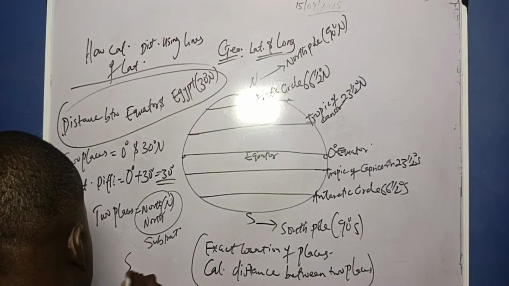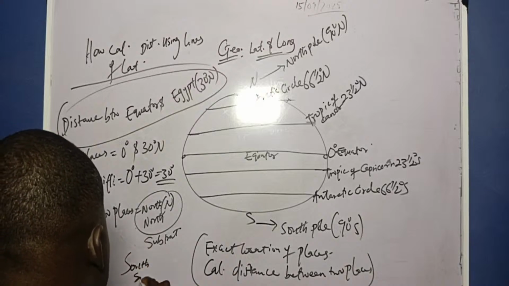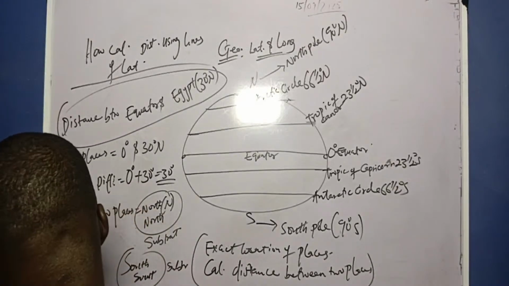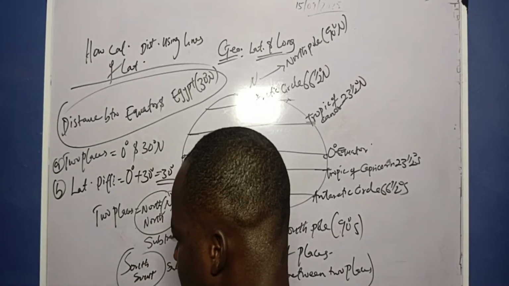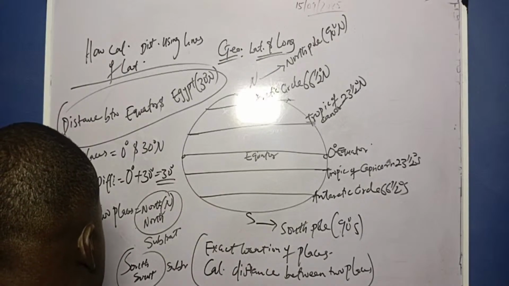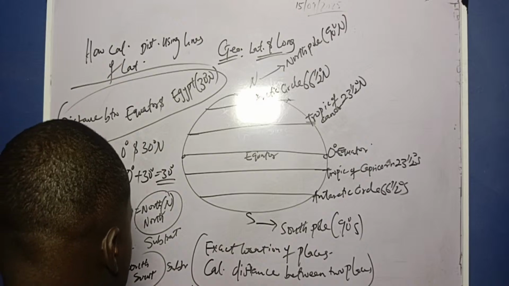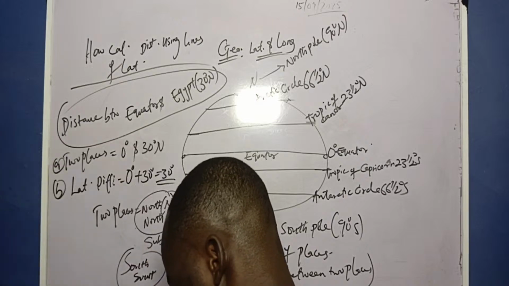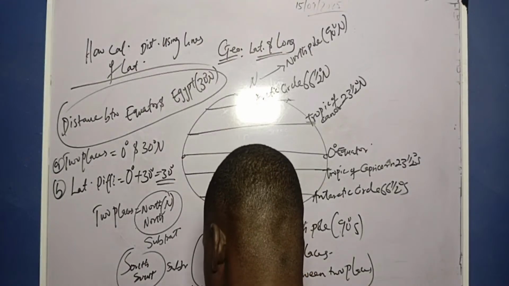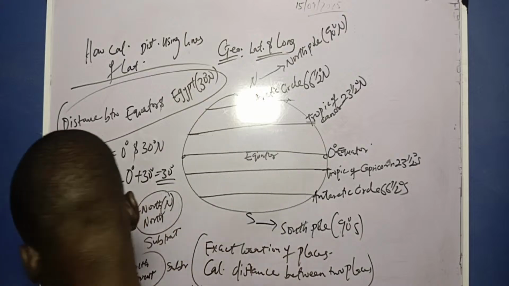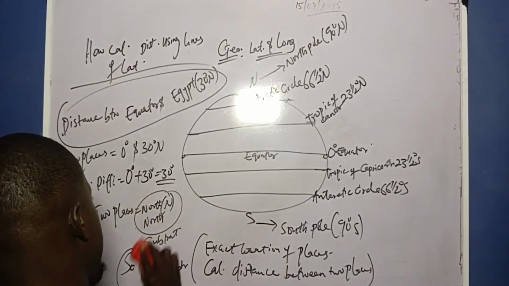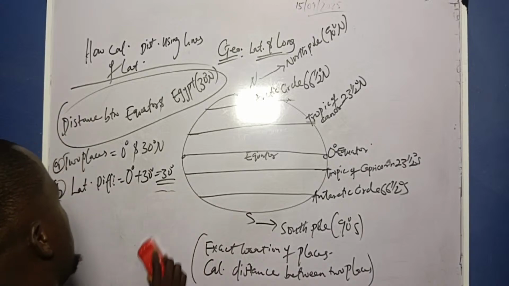If both are south, you also subtract. But if it is north and south, you add. But if it is the equator, either you add or you subtract, you still get the same thing. So that is how you are able to get it.